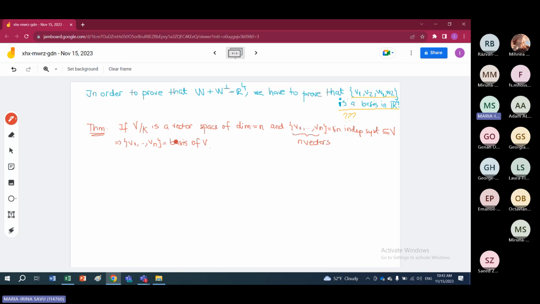Then this set is a basis without proving that it is a generating system. So it is a shortcut, actually.